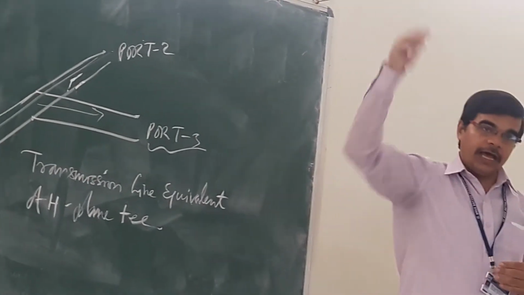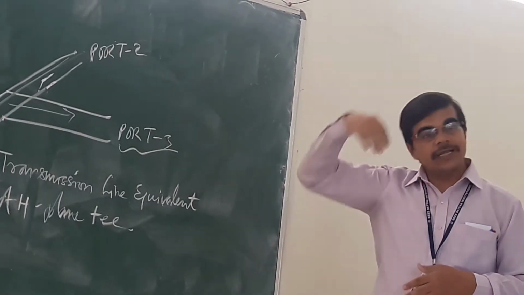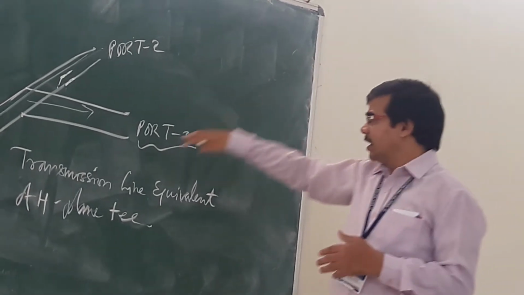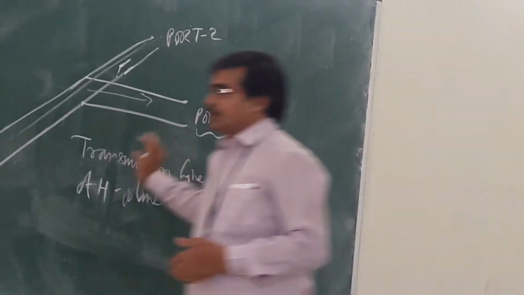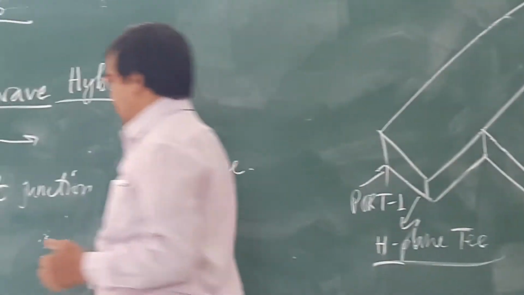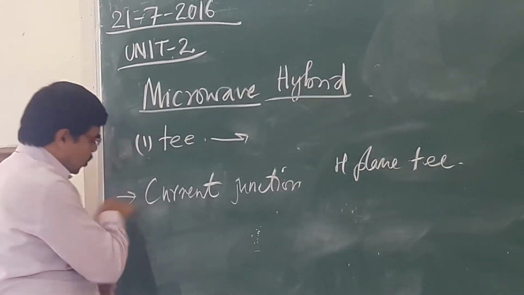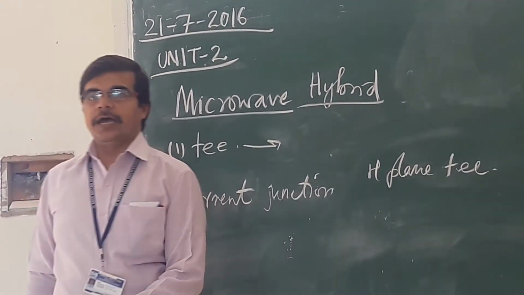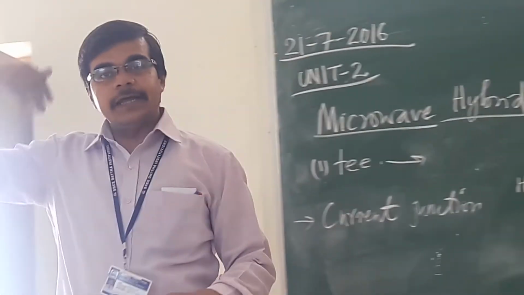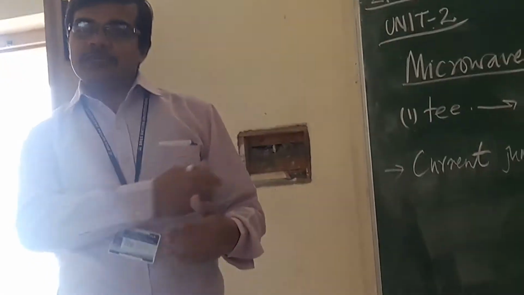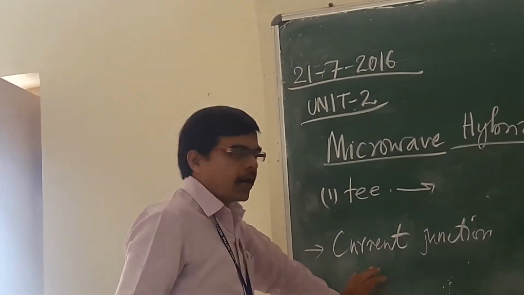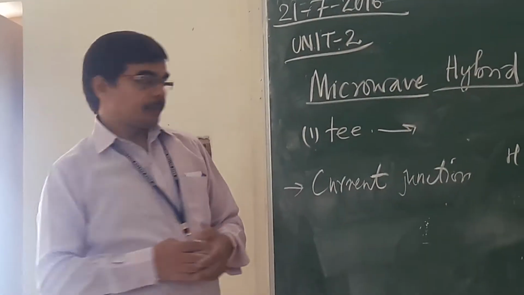Earlier, in case of your E-plane, that was in series. So that was in series, this is in parallel. So your H-plane T is also known as your current junction. The E-plane was called a voltage junction. This is called your current junction device.